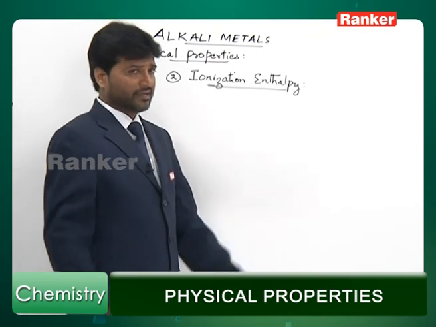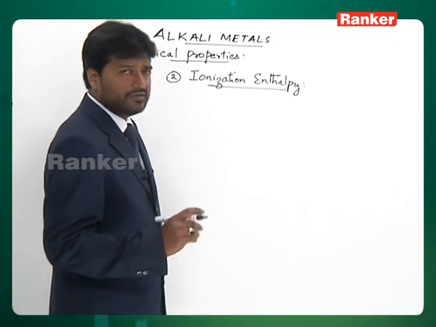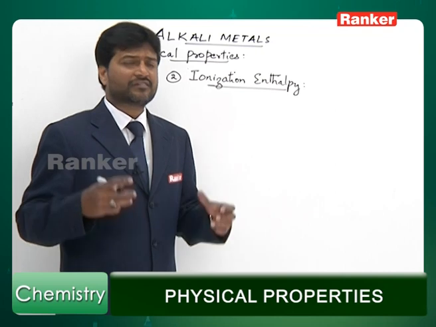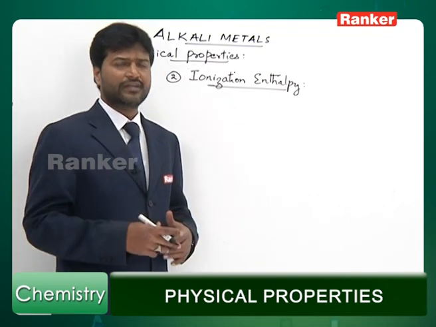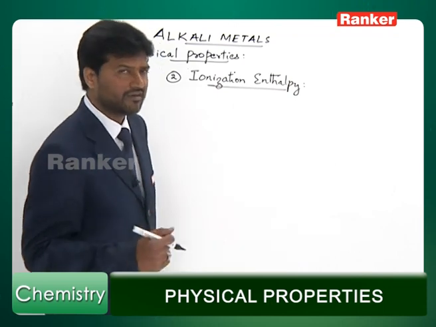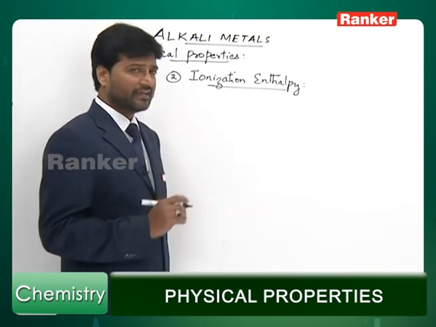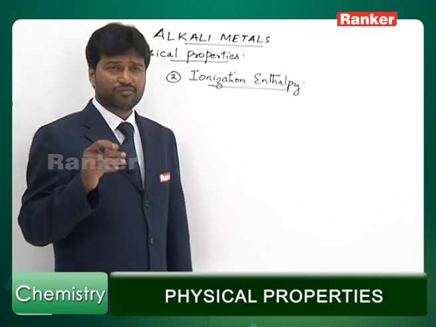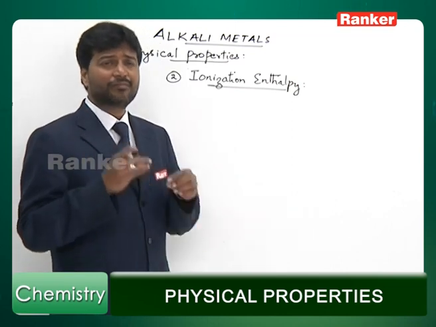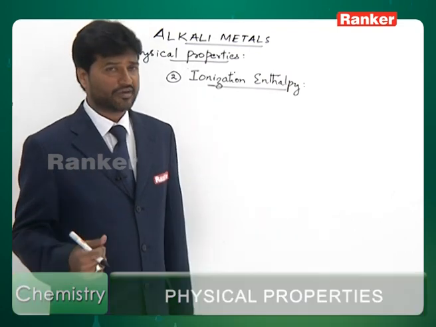Now let's learn about ionization enthalpy of these elements. You know very well ionization enthalpy is the minimum amount of energy required by an atom to lose an electron, the most loosely held electron, of course. Now let's see the order of ionization enthalpy. One point to be noted here is these elements have lowest value of ionization energy in their corresponding periods.